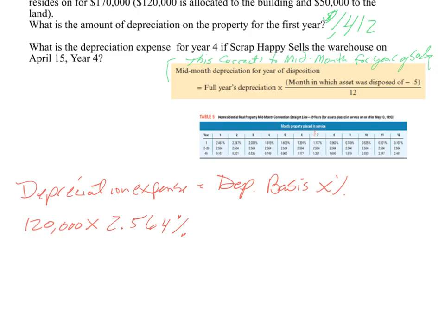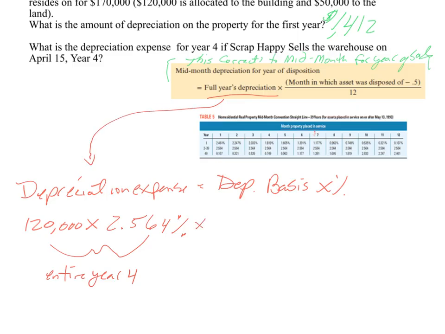but they don't. Okay, so this is entire year 4. All right, but remember, they sell it in April. So we have to do this correction. So this right here is that full year depreciation, okay?